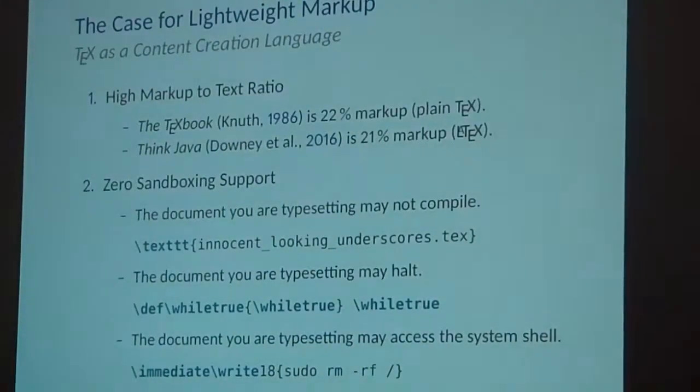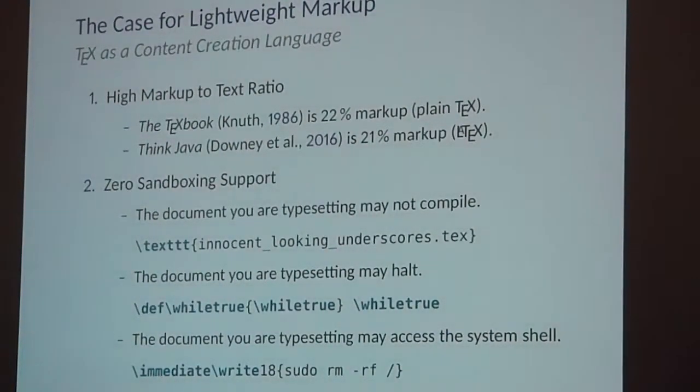So TeX as a content creation language has a couple of problems, in my opinion. One of the problems is the high markup to text ratio. When you look at the textbook, I tried to compute how much markup there is compared to the actual content, to the actual text, and it is about 20%. The same thing is true of a book I somehow picked at random, which has a source in LaTeX openly available.